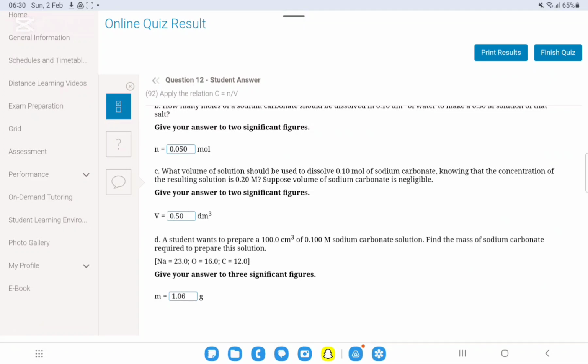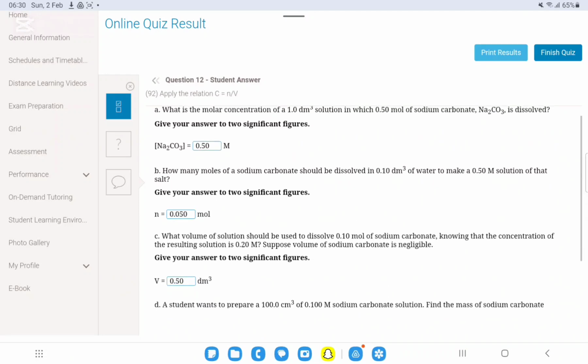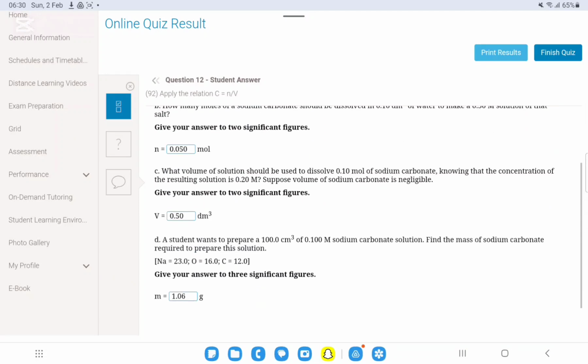A student wants to prepare 100 centimeter cubed of 0.100 molarity sodium carbonate solution. Find the mass of the sodium carbonate required for this solution. Now sodium carbonate is Na2CO3, and first we find the moles. n equals CV, C is 0.1, volume is 100 centimeter cubed.